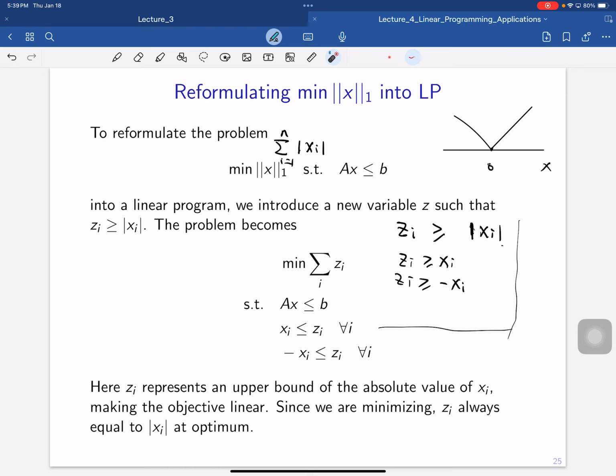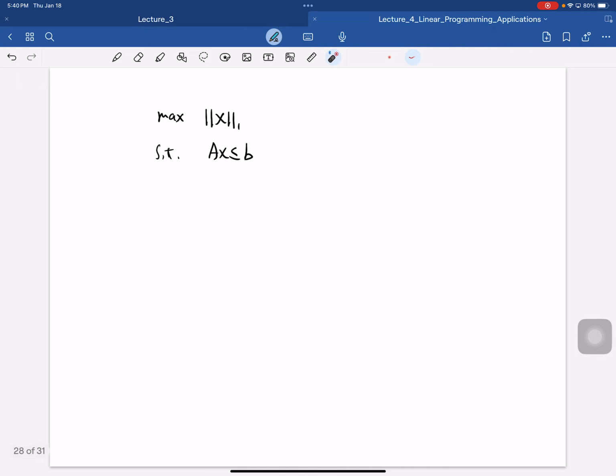Why can't you just flip the sign of that inequality, so zi is less than or equal to? Let's do a very, very simple problem, then you will see. Let's say I have a very naive problem. Let's first do the minimization. Let's say x is only one dimension.